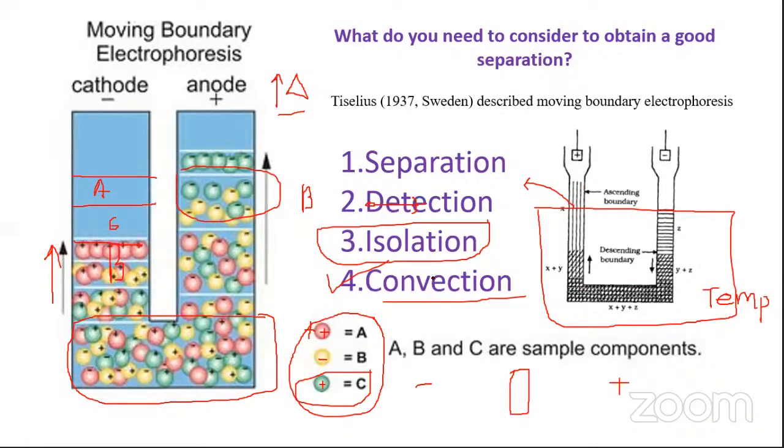By doing so, I will not get rid of convection completely, but I will still minimize it. And suppose you have got this kind of separation. So can I separate this X now? Can I take it out and use it for my purpose? Do you think that this will work? Yes?